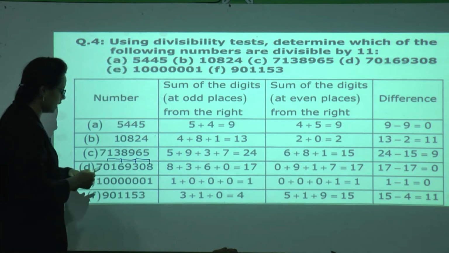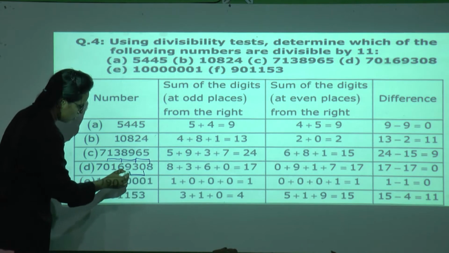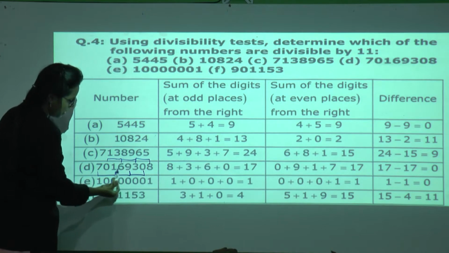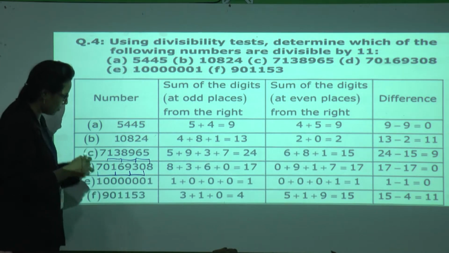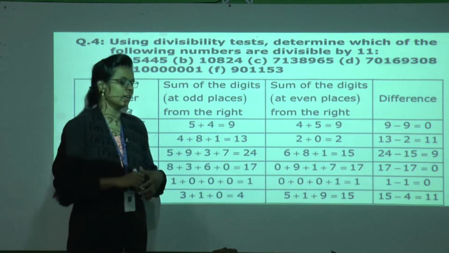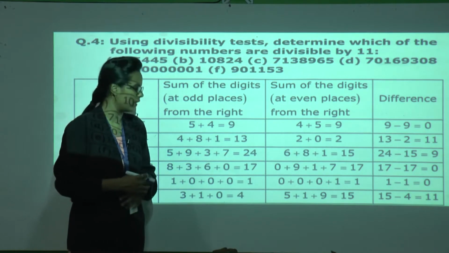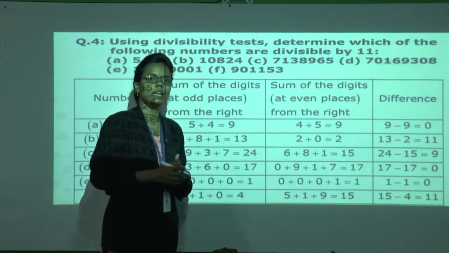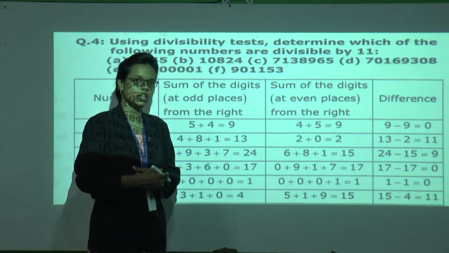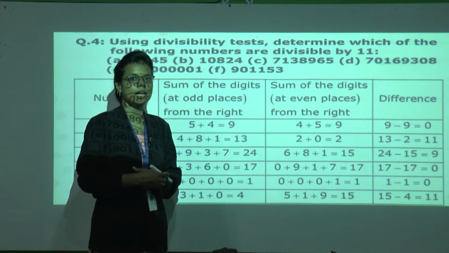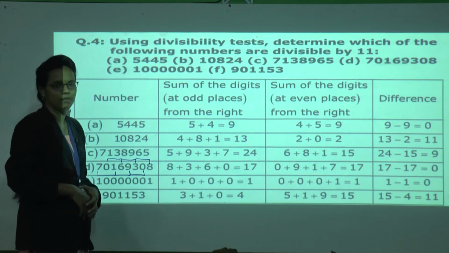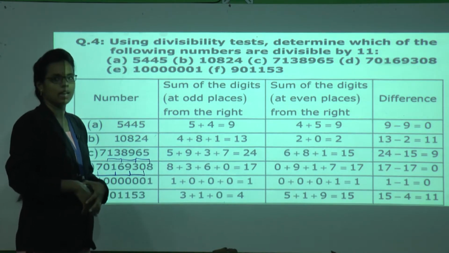Next we take the even places, that is 0, 9, 1 and 7, the second, fourth, sixth and eighth places. When we add them, 0 plus 9 plus 1 plus 7, we get 17. Now find the difference. 17 minus 17 is 0. According to the rule, if the difference is 0 or 11, the number is divisible by 11. As we got the difference 0, the number is divisible by 11.